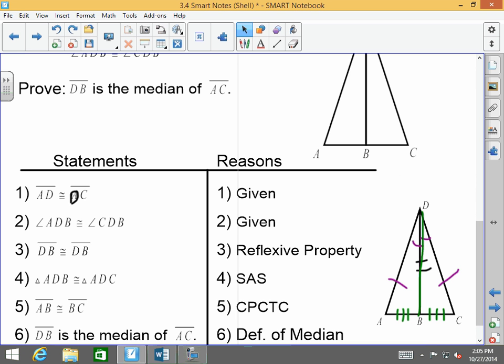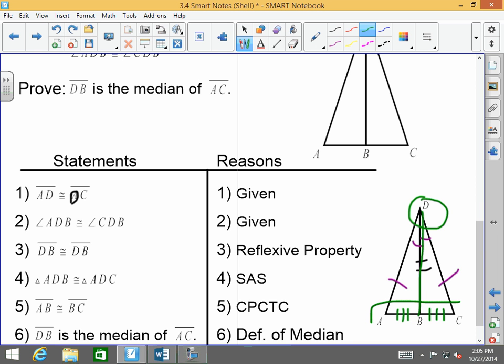It's not a segment bisector though. It's a median. Why is it a median? Because DB is generated from a vertex and it bisects the opposite side. Thank you for that clarification, my man. Thank you so much. Does that make sense, my brothers?